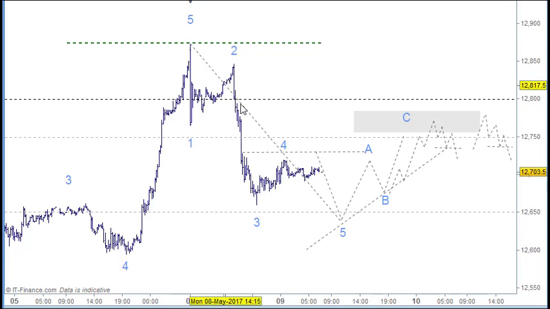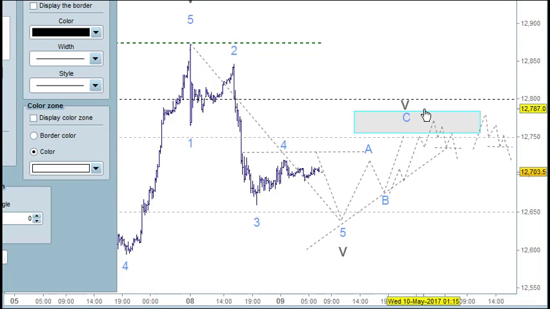Hopefully this wave, we will call this wave 1 here. And wave 2 here. And that should give us, because wave 2s can pull back up.